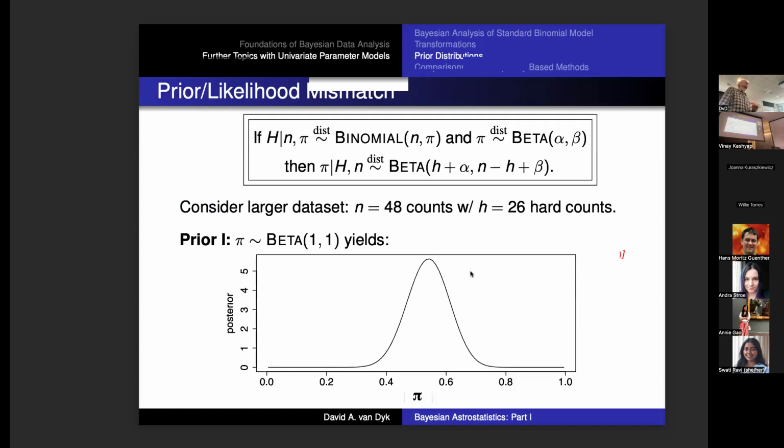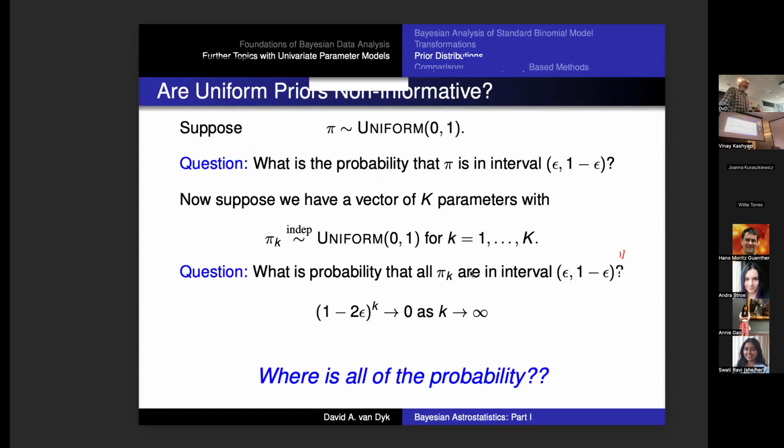And maybe I'll finish with this. One more thing to think about with uniform prior distributions. Astronomers, in my experience, especially cosmologists, I think there are cosmologists in the room, really like uniform priors. They really like them.